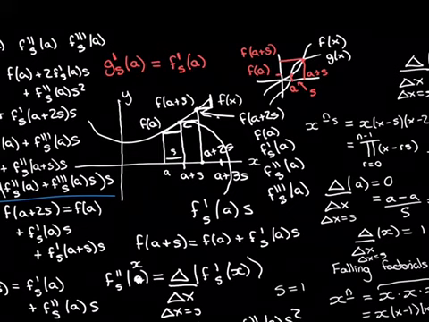So you can imagine having another function here, and if this function in red had the same value at a and the same value of the first, second, and third derivatives at a, then it would have to intersect here at a plus s, here at a plus 2s, and here at a plus 3s.